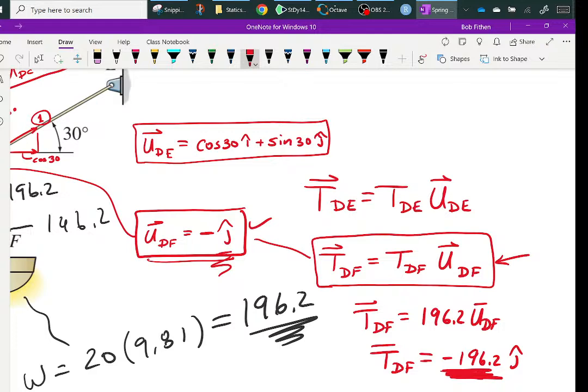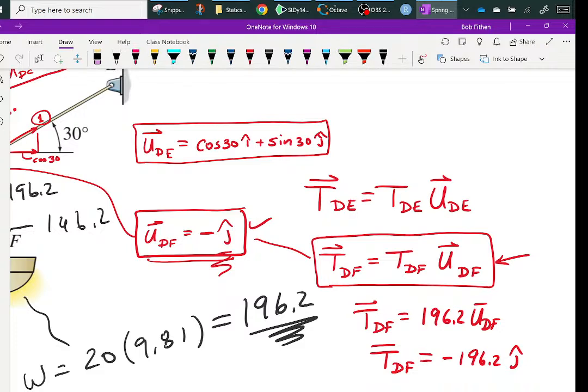The two things I'm trying to do are just to get you to see that I'm not really doing anything new. I just have a new symbol right there.